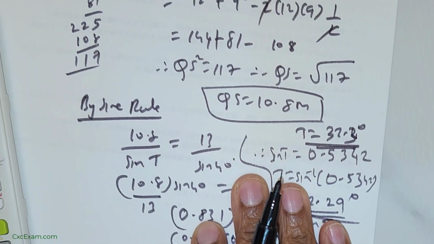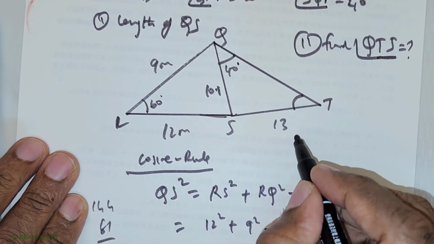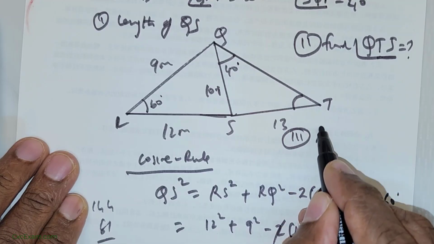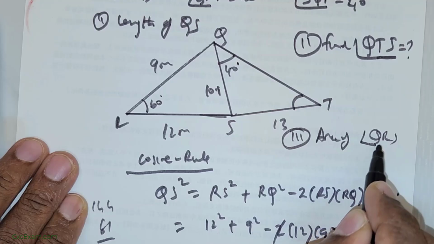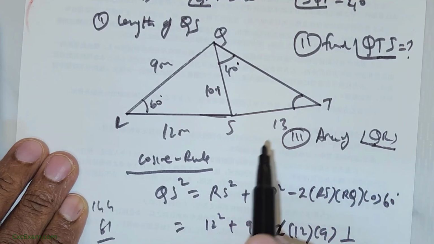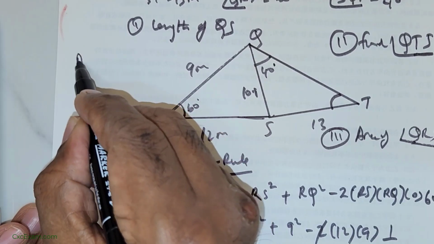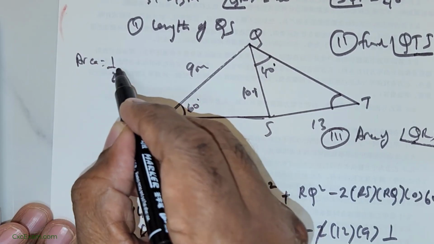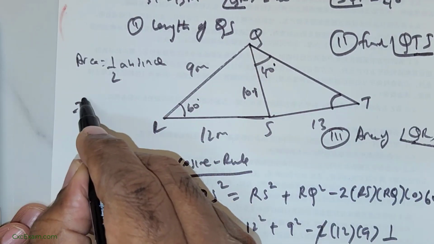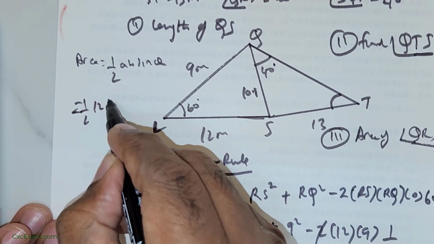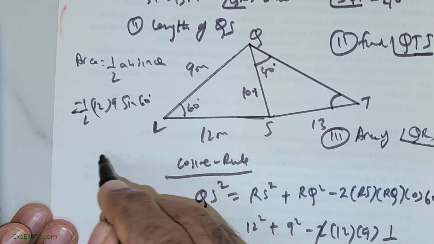Now the area of triangle QRS. Yes, this is the third one. We need the area of QRS. That means I'm going to use this formula. Area is equal to half times ab sine theta. So half times 12 times 9 times sine of 60.